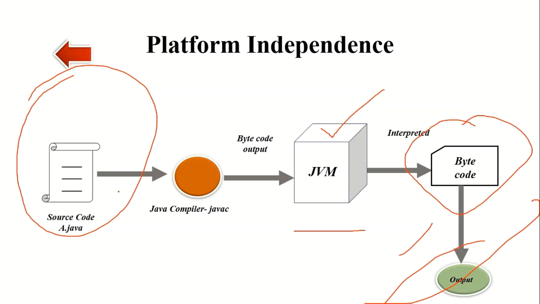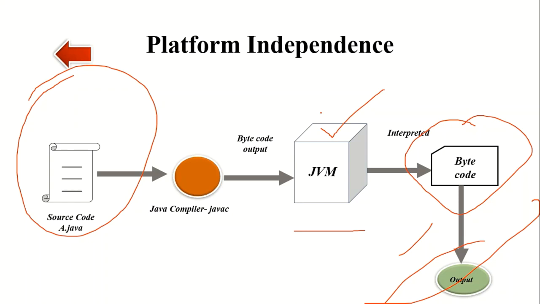For executing the same source code in Linux, we need a JVM compatible with Linux, and that in turn again interprets the bytecode to get the output. So the JVM is dependent on the operating system. However, the bytecode is independent of all operating systems. So basically Java uses a two-step translation process: first generation of bytecode, and then interpretation of bytecode.